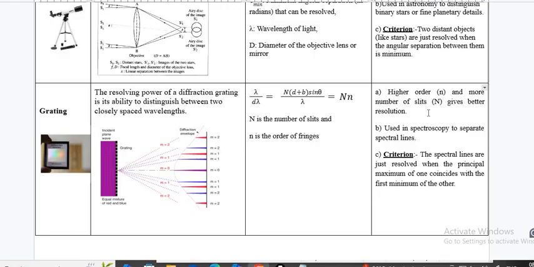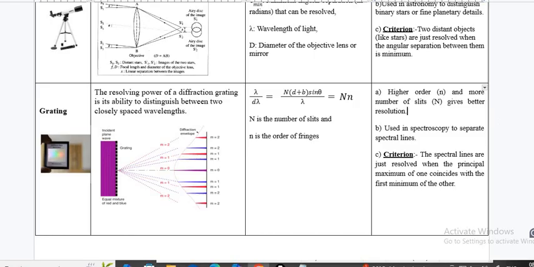What are the criteria? A higher order n and a larger number of slits will give you better resolution. It is used in spectroscopy to separate different spectral lines. And the most important thing, the spectral lines are just resolved when the principal maxima of one coincides with the first minima of the other.